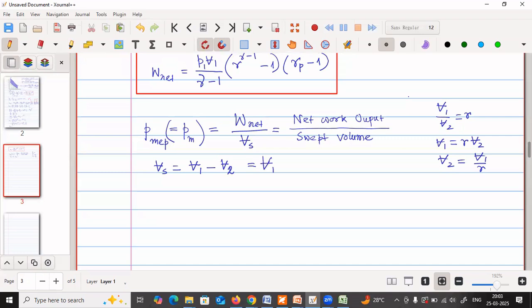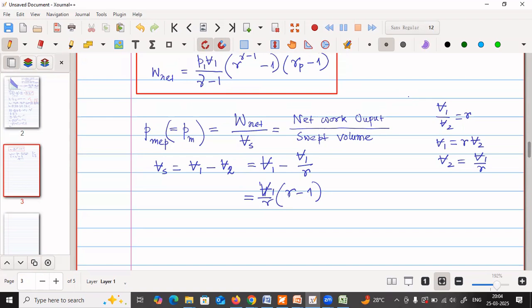So V1 we will keep, minus V1 by R. If I take V1 by R common, it will be R minus 1. So Vs is equal to this one.